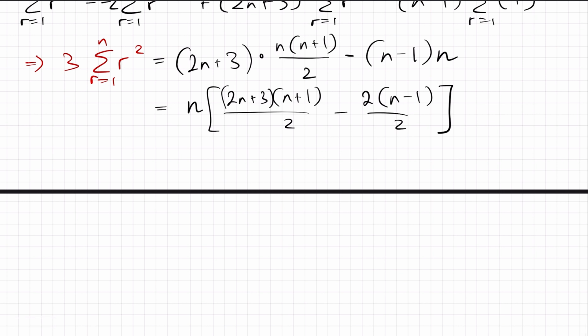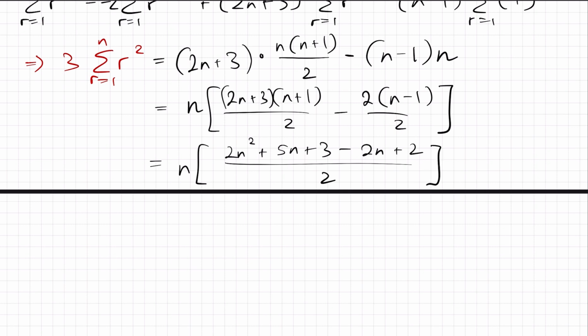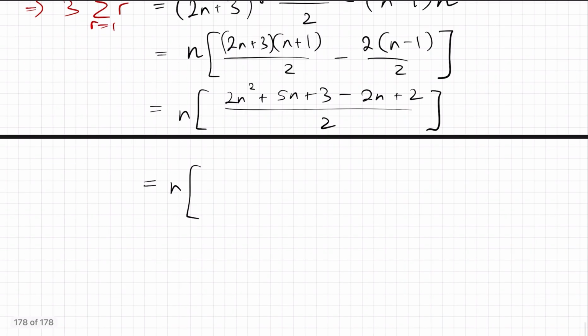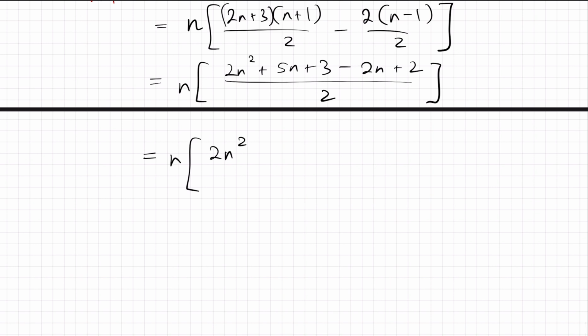Yep, that seems about right. And now I'm going to just put these all over denominator 2, simplify this fraction to get plus 3 plus 5n plus 3 minus 2n plus 2, which equals, let's collect a few like terms, 2n squared plus 3n plus 5 over 2.